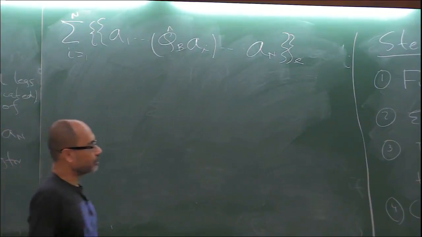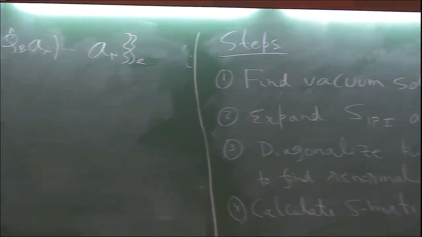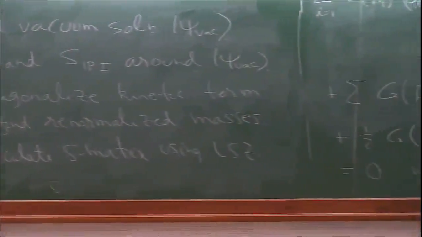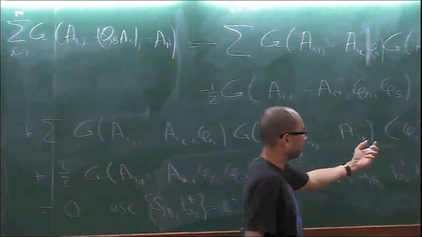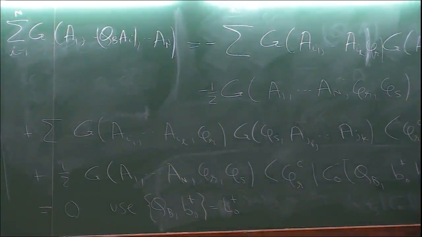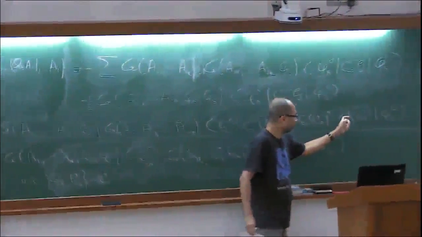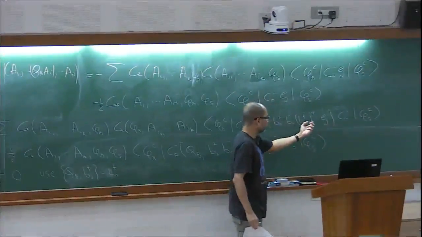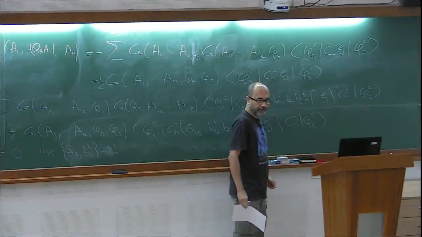So you apply this logic again. Nothing much changes, except that of course G will be replaced by those double curly brackets. In these two, because these are coming from the propagators, you'll have a 1 minus P inserted in between. And now you can see why it's important that P commutes with all of these, because it shouldn't matter where you put P. 1 minus P, you just insert anywhere in this propagator.